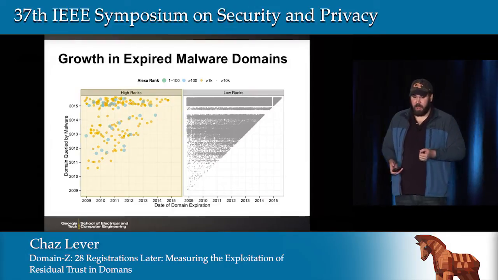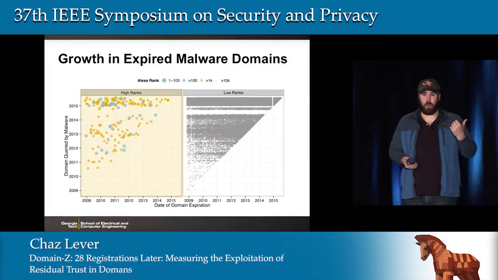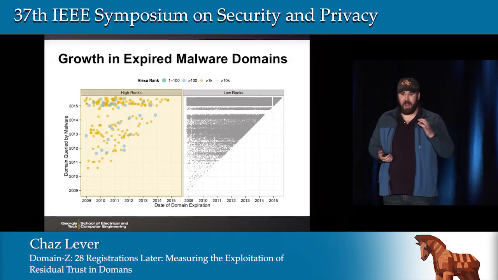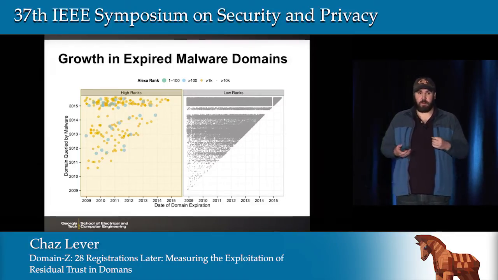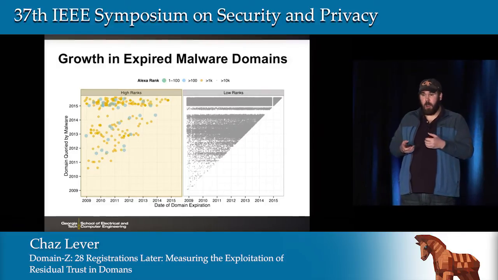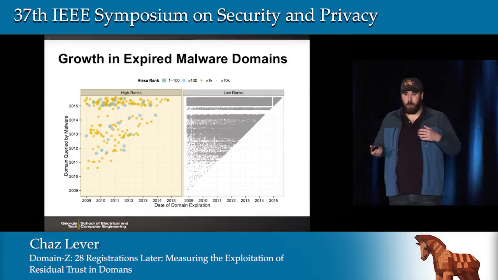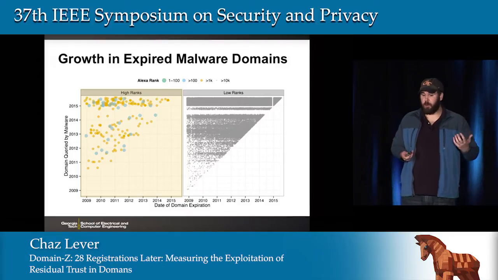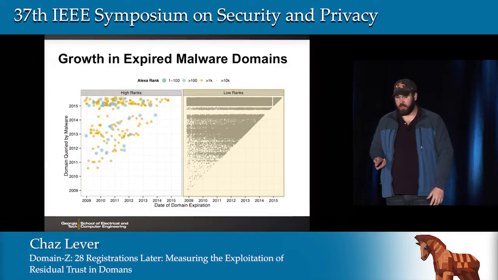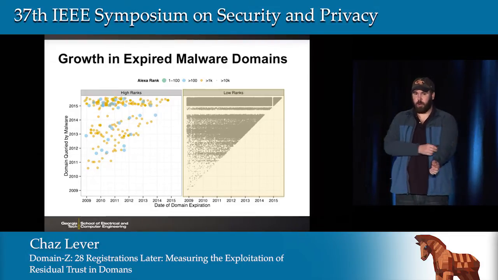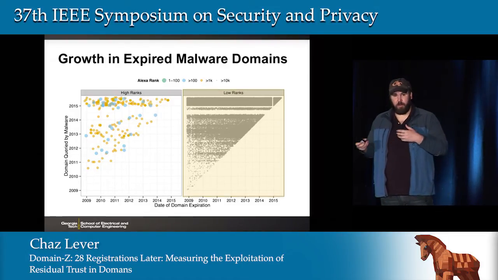On the left-hand side here, I want to highlight that this is showing domains that were contacted by malware only after expiration that had higher Alexa ranks. So what we observed is that there appear to be domains that are even fairly popular that expire and then subsequently might be re-registered by malware and being contacted for abuse.